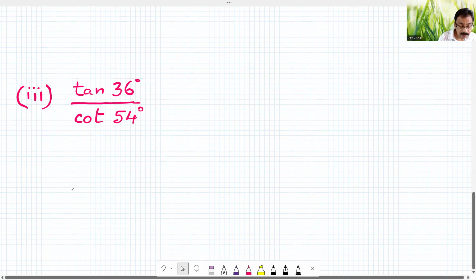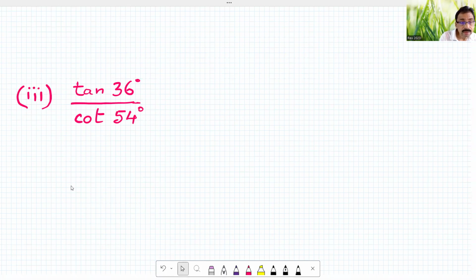Tan 36 divided by cot 54. In the previous two questions I changed the numerator. Now for a change, let me try changing the denominator. So let's keep tan 36 as it is. So tan 36, the numerator remains the same, but here instead of 54 I will write cot 90 minus 36.